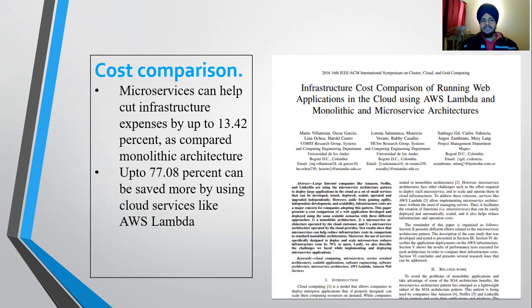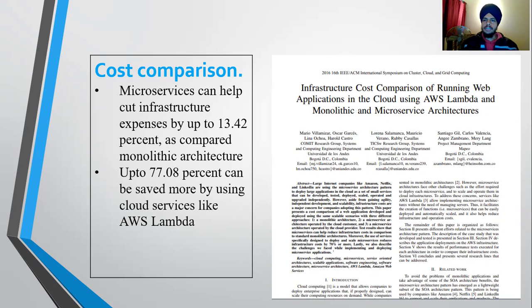If we compare microservices provided by the cloud, such as the Lambda function of AWS, we can save more than 77% of our money. So I did this research, and then we decided to use the Lambda function of AWS.